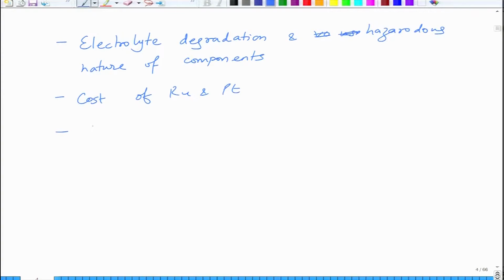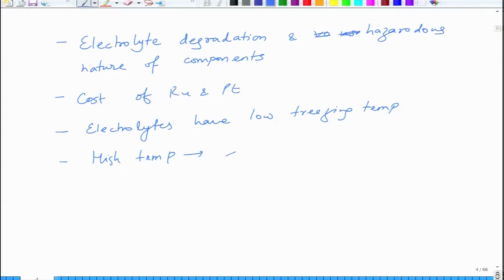Sometimes the electrolyte has a low freezing temperature. At high temperature, sealing issues may come into picture because you have liquid dye, so sealing is an issue.